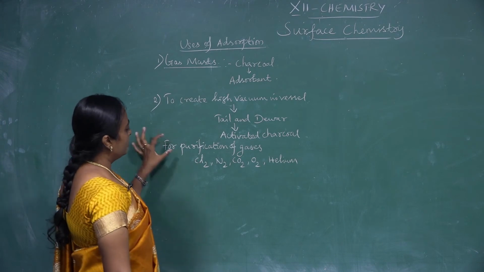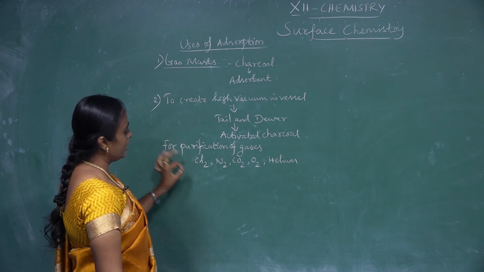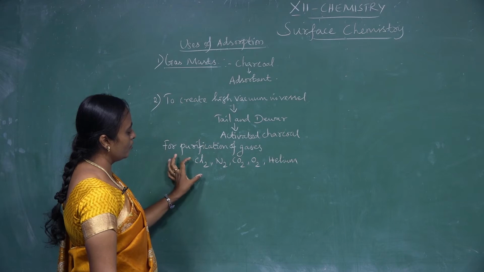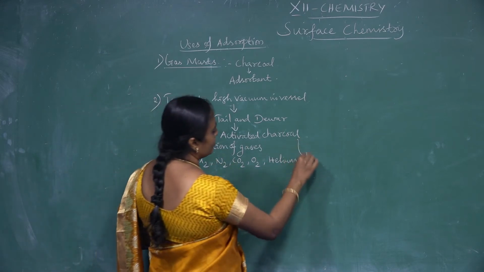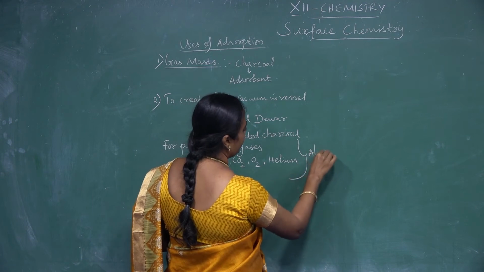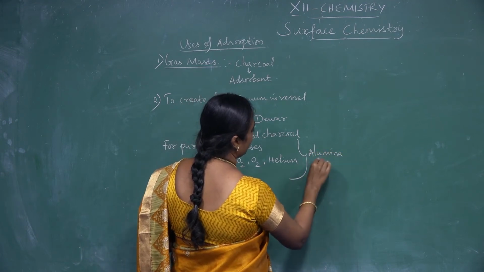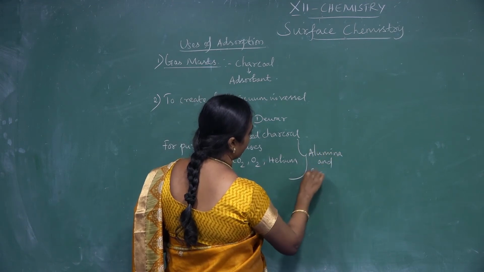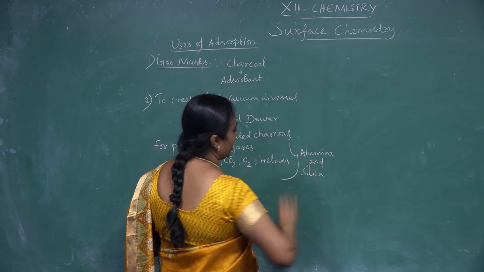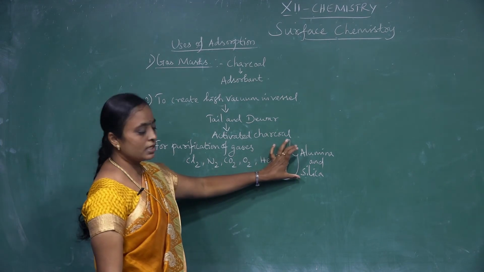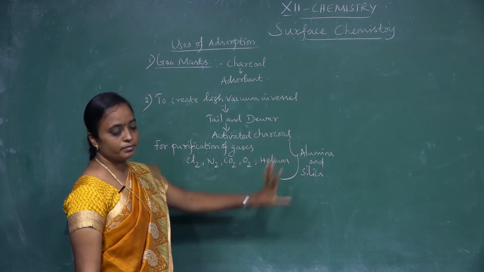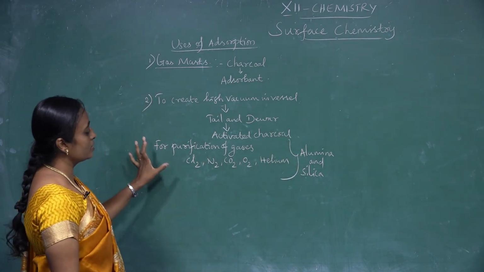For the purification of gases like chlorine, nitrogen, carbon dioxide, oxygen and helium, we use alumina and silica, that is Al2O3 and SiO2. Both are used for adsorption, so for the purification of gases.